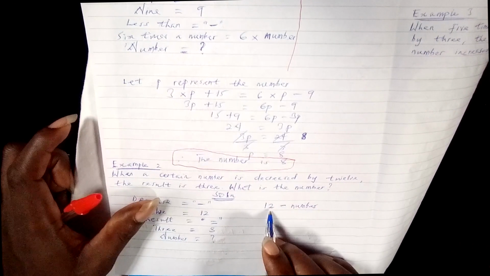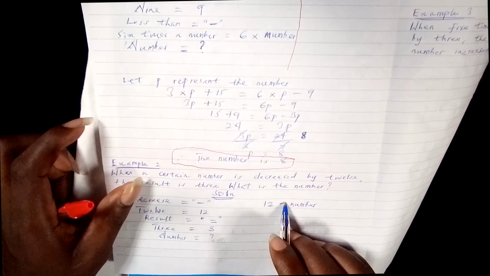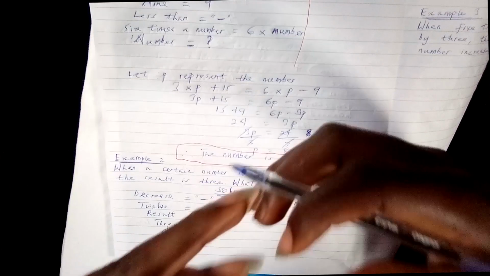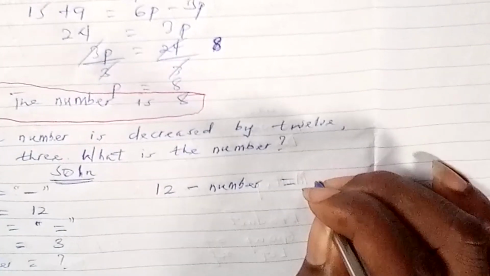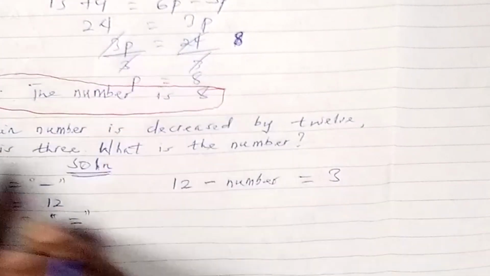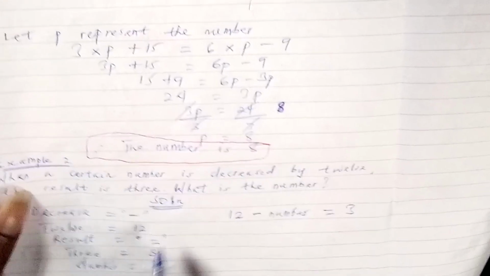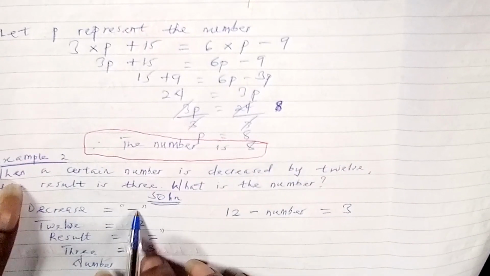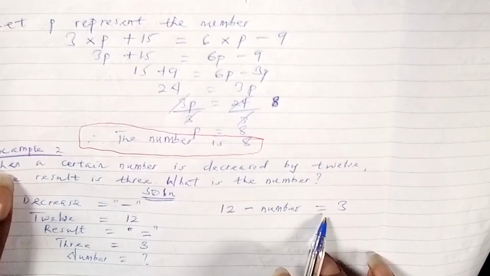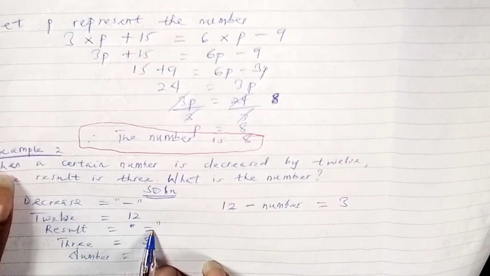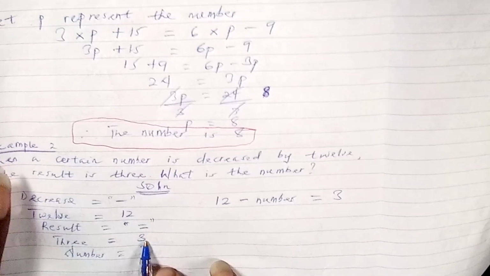Therefore, you have to write the 12 first, minus the certain number that was decreased, and the result, which is equal to 3. So we have joined the pieces together. The 12 is here, minus is here, the number is here, we don't know, equal to, that is the result is here, and the 3 has also been written.